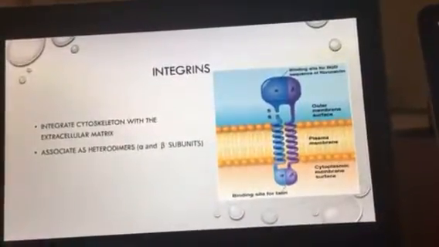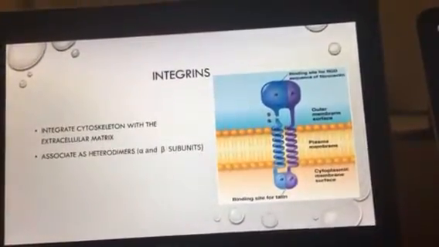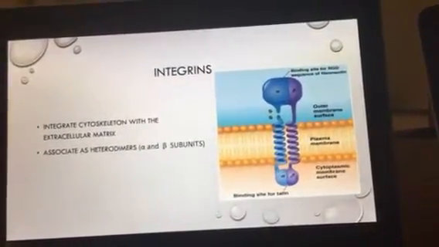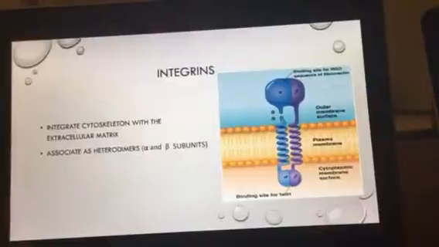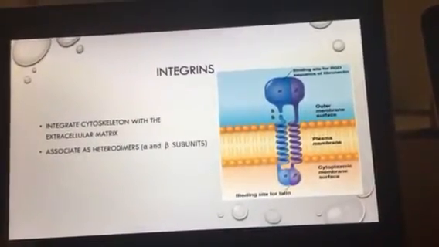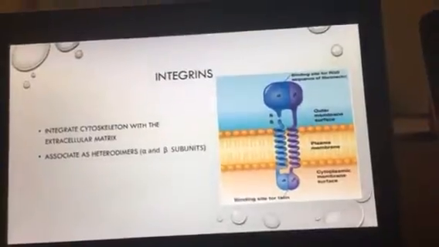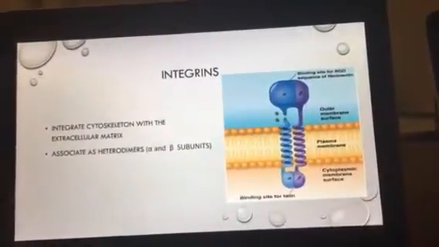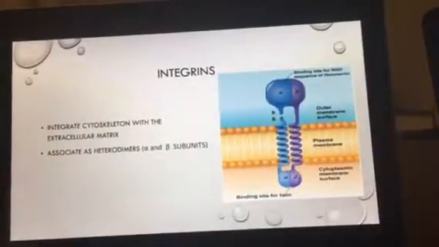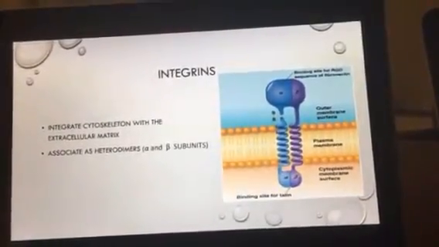So next we have integrins. Integrins are made of two large transmembrane glycoproteins with two subunits, alpha and beta, which form a non-covalent heterodimer. Integrins do not directly adhere to the extracellular matrix. The way that they do adhere to the extracellular matrix is by focal adhesions and hemidesmosomes.